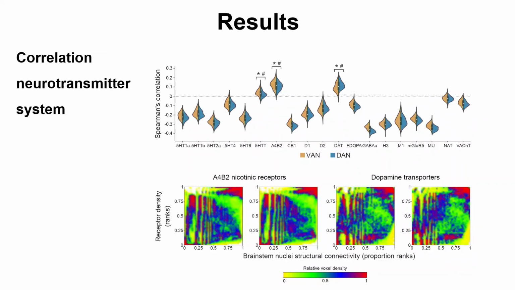Finally, when we analyze the spatial correlation between the projections of these brainstem nuclei with the distribution of neurotransmitter systems, we found three positive correlations, namely with the distribution of alpha-4 beta-2 nicotinic acetylcholine receptors, and with dopamine and serotonin transporters.